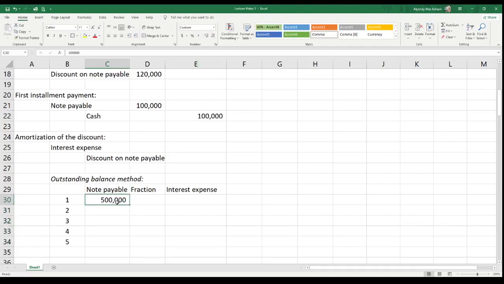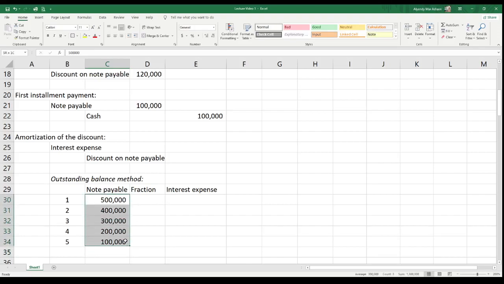Okay, now since at the end of year 1, we paid 100,000, therefore, in year 2, it became 400,000. Okay, at the end of year 2, we paid again. So therefore, in year 3, it became 300,000. Okay, now in year 4, 200,000, and in year 5, 100,000.